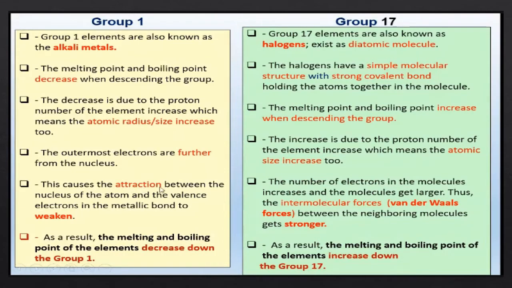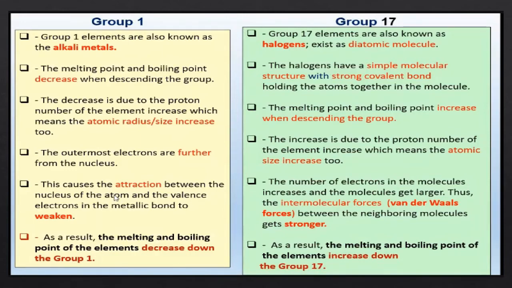These cause the attraction between the nucleus of the atom and the valence electrons in the metallic bond to be weakened. This is exactly the same as what we learned in chapter 3 periodic table. So as a result, the melting and boiling point of the elements decrease down the group. Okay, this we learned earlier. Nucleus and valence electron are far, bond weak, so not strong, so low. Low means it is easy to remove electrons.